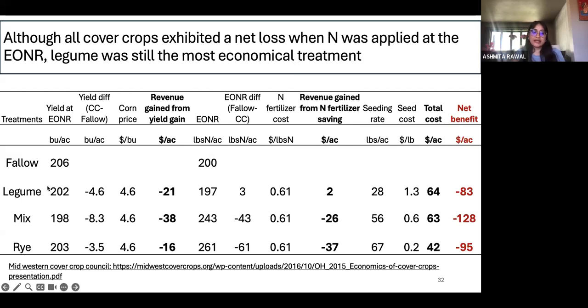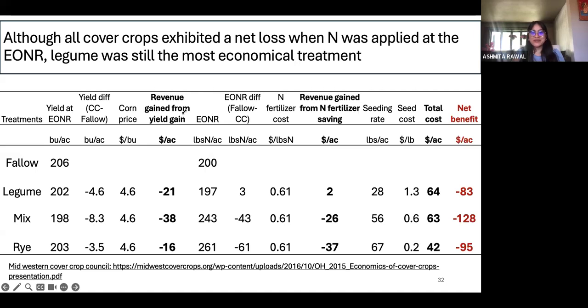We need to know if there's a way to increase yield at the economic optimum nitrogen rate, because if we could get this revenue gain from yield, then with the revenue saved in nitrogen fertilizer cost cutting, we should be able to decrease this negative and increase our positive benefit associated with legume cover crops.